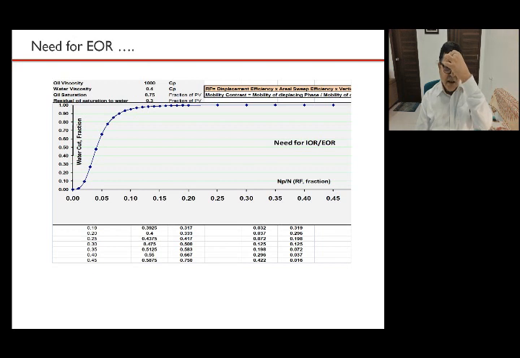You can see the intersection of the two, KRW and KRO, beyond 50%, which indicates that it's a water-wet system. And you can note the endpoints, between these two numbers, SWI and SOR. This is the water saturation that goes into the computation of normalized water saturation.